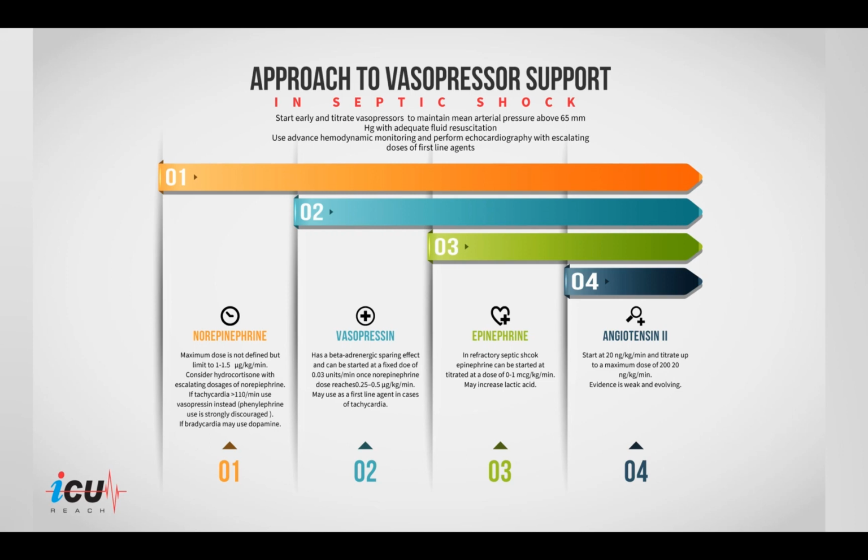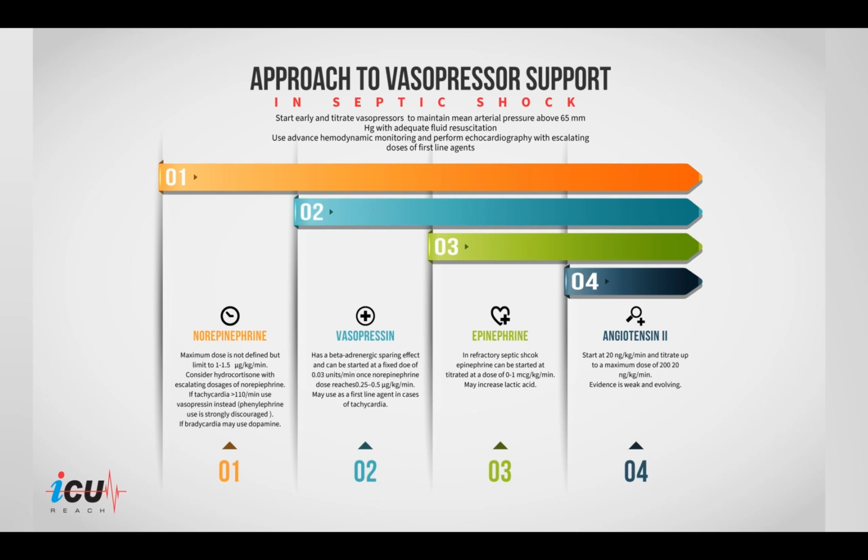In cases of tachycardia, it might be used as a first agent. Now, if a patient is in refractory shock, we add epinephrine, and it is started at a dose up to 1 mics per kg per minute. Of course, you need to be careful that it can cause increased lactic acid.